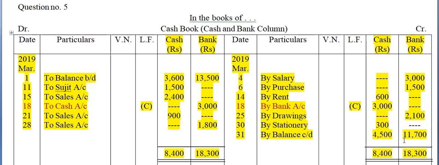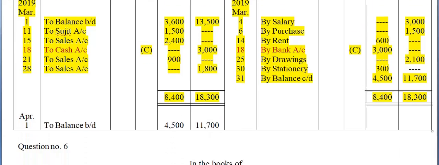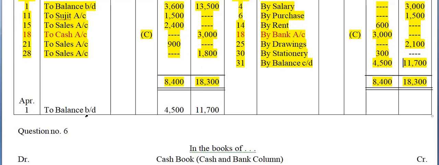As we can see out here, both cash and bank have this closing balance towards the credit side. Now this closing balance must be brought down out here, and we will record it as to balance B/D. This is your cash 4500, and that's your bank 11700.